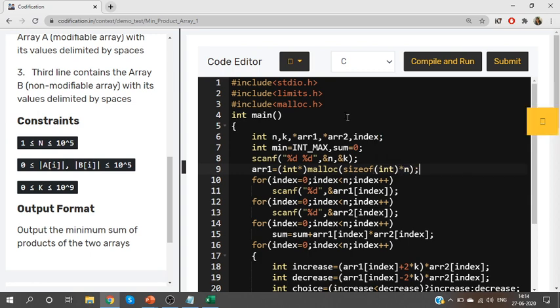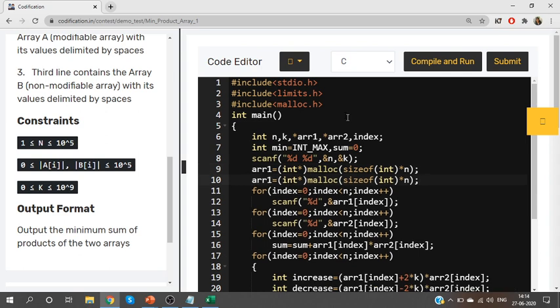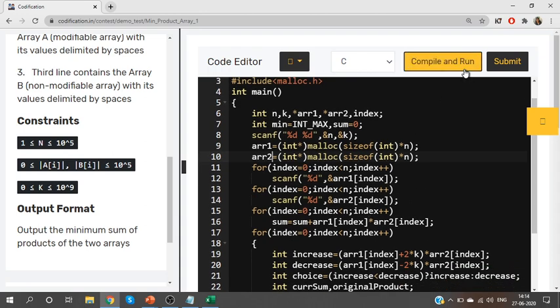I hope you are all familiar with this. If not, guys, join in the doubt clearing session, because some of you may know this, some of you may not. If you are thorough with the basics, you will know this. If you don't know, please join the doubt clearing session. I'll explain how malloc works and everything. So that's it. Compile again.